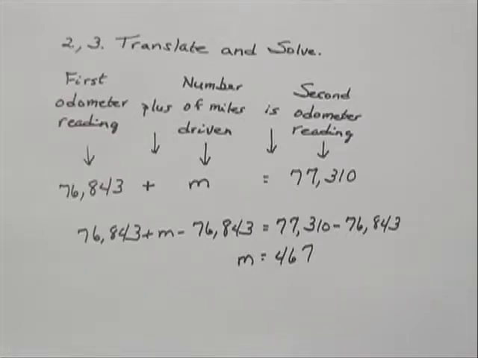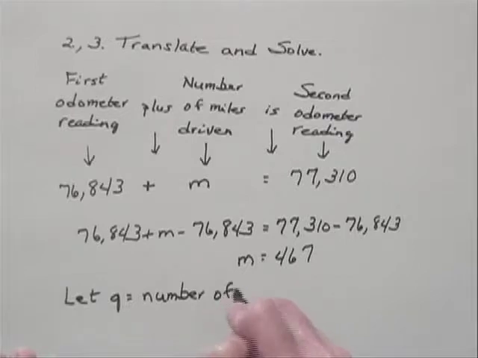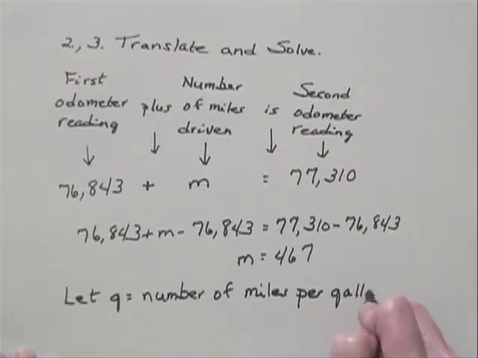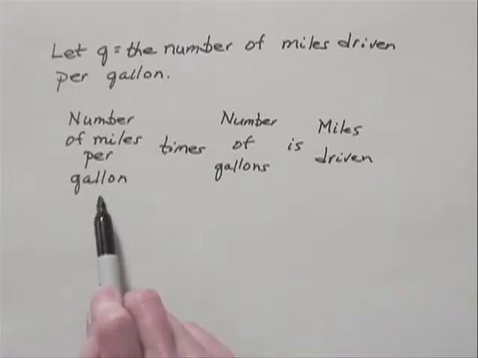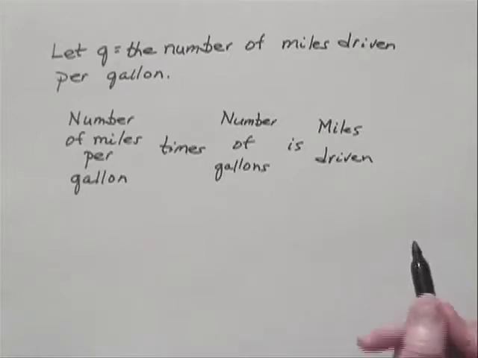Now let's find the number of miles per gallon, and let's let G be equal to the number of miles per gallon. Now let's translate to an equation that we can use to find G. We know that the number of miles per gallon times the number of gallons used should give us the number of miles driven.